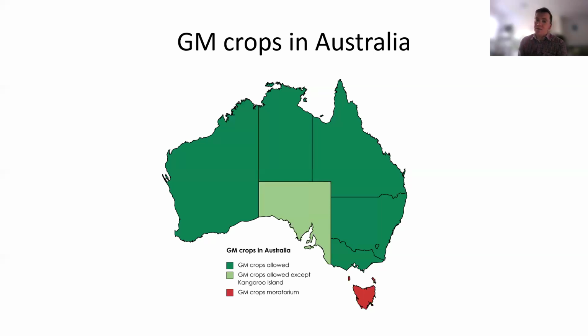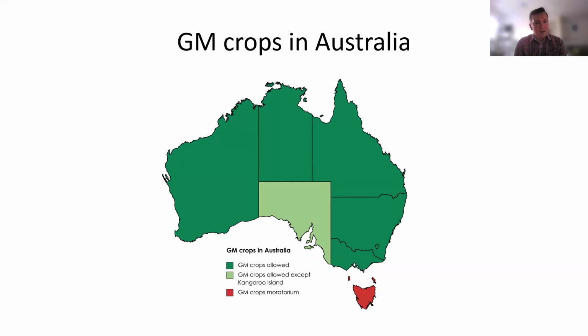In Australia, GM crops grow almost everywhere, in every state. There are different histories in states and territories in how they approached GM crops. They had moratoria, and South Australia, for example, was the last state to lift the moratoria on GM crops. So now it's only Tasmania that doesn't allow GM crops on its territory.